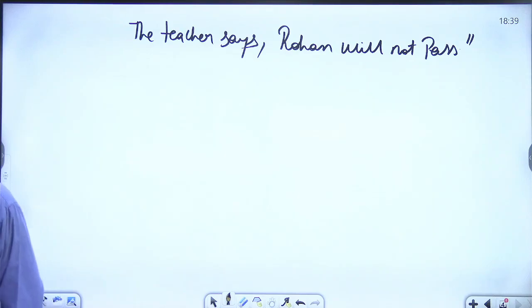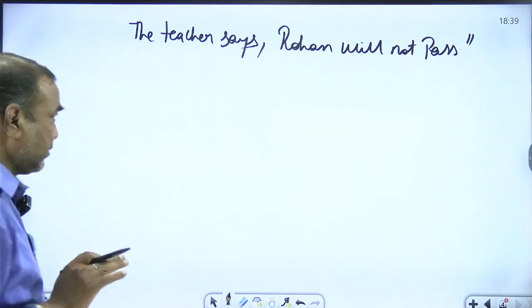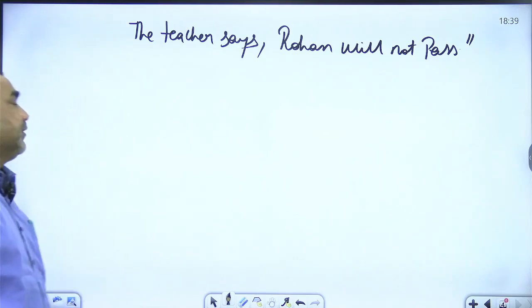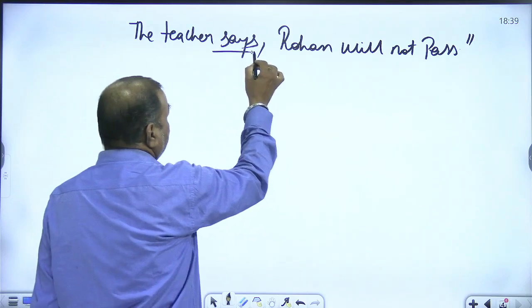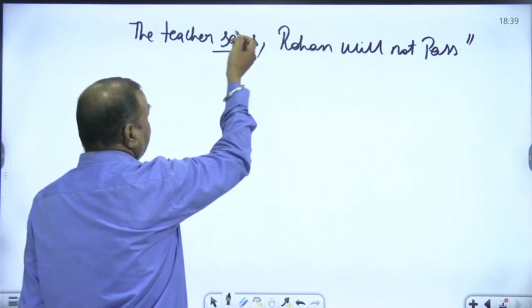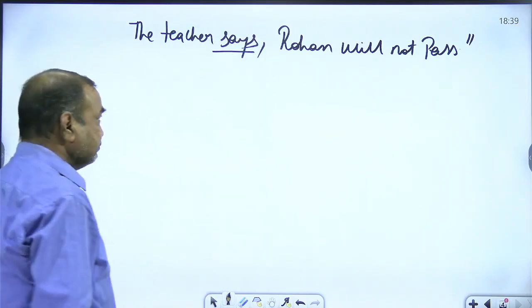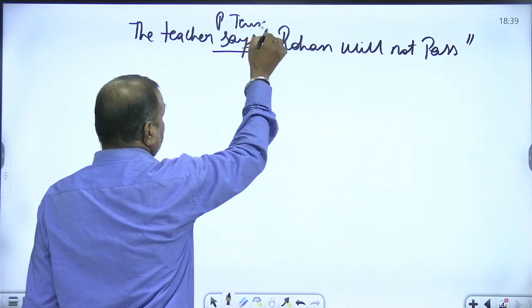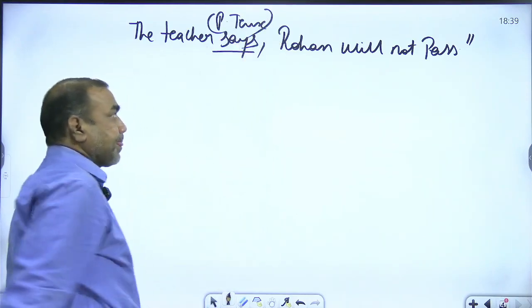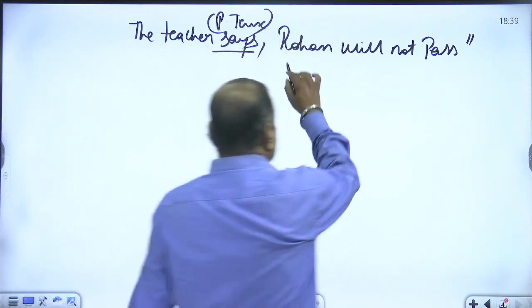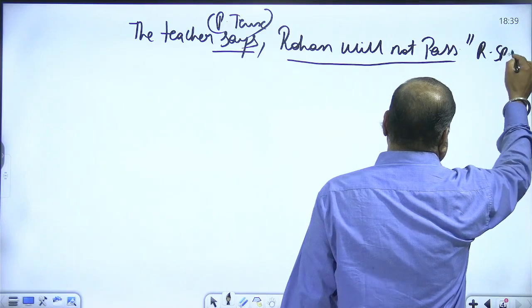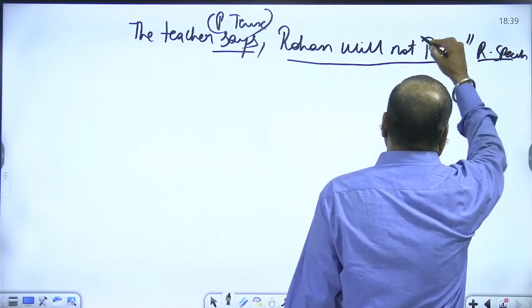Sometimes our teachers say that you will not pass. So, again, look at the verb: the reporting verb is in present tense. And this, Rohan will not pass, is your reported speech, which is in future tense.